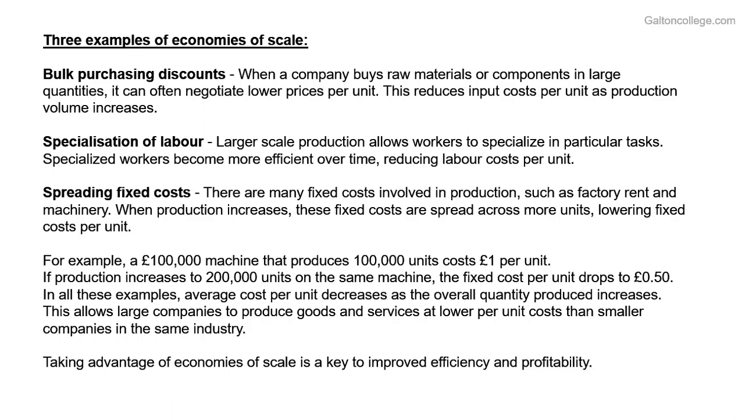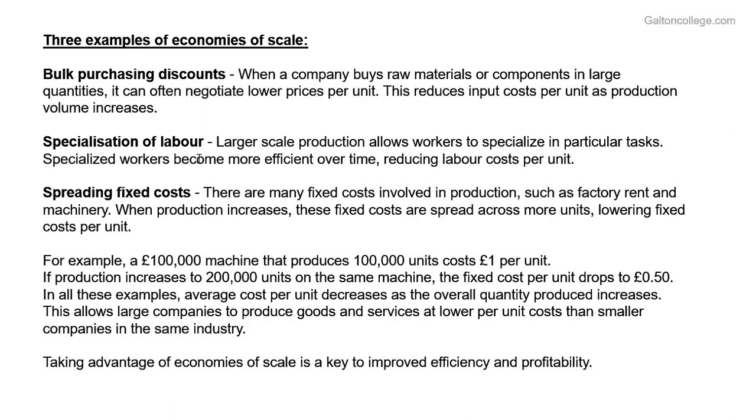There are 3 examples of economies of scale I want to bring to your notice. Bulk purchasing discounts. As a business gets bigger, it may get bigger discounts from its suppliers because they don't want to lose a big customer. It could have specialized labor.